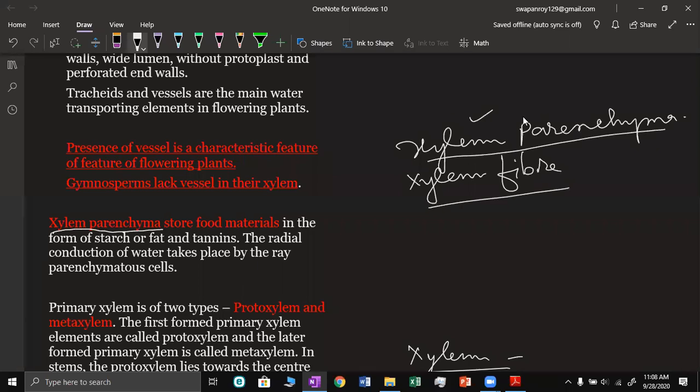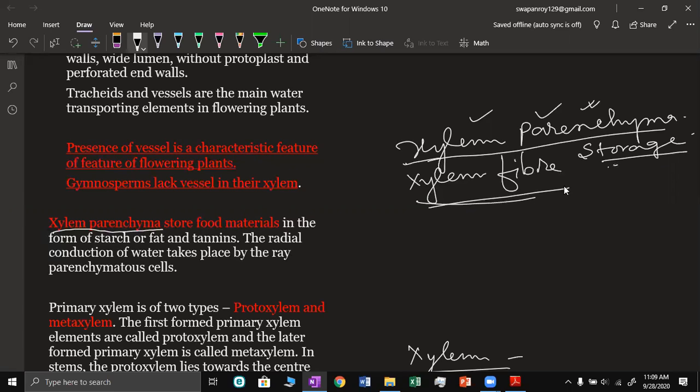Xylem parenchyma is the ordinary parenchyma tissue, living cells. They store food material in the xylem tissue, for storage of food and short distance, lateral transport.